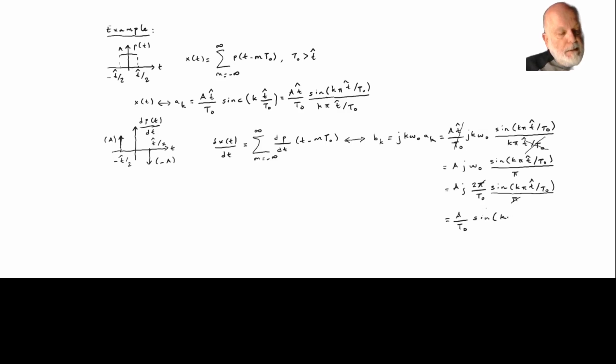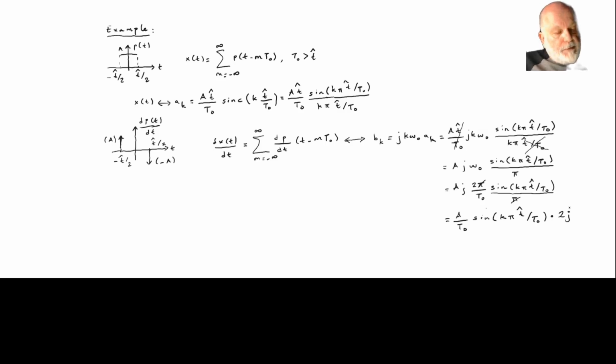Multiplied by 2j, sorry. Let me write it here. Multiplied by 2j. So these are the Fourier coefficients of the derivative of x of t.